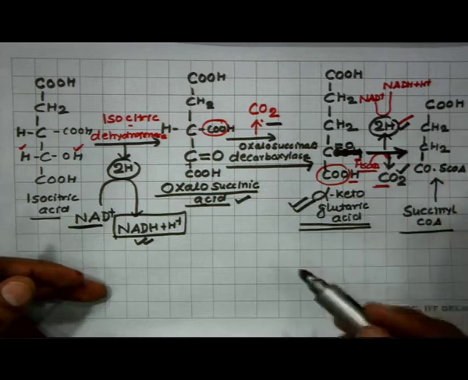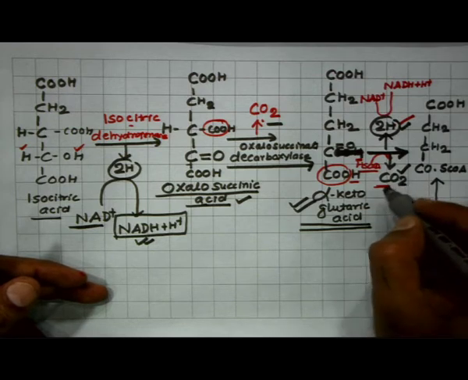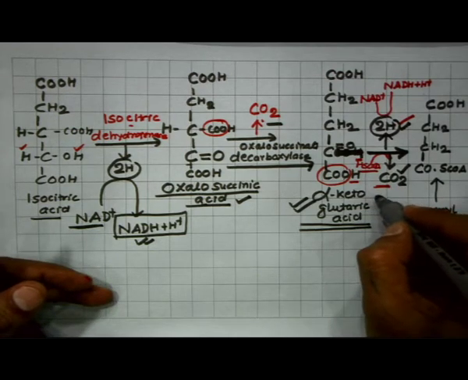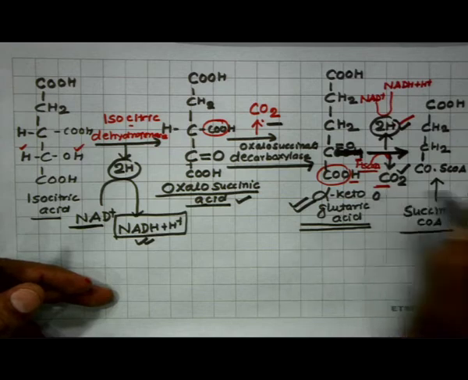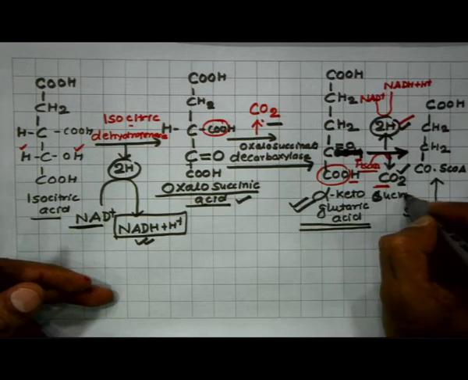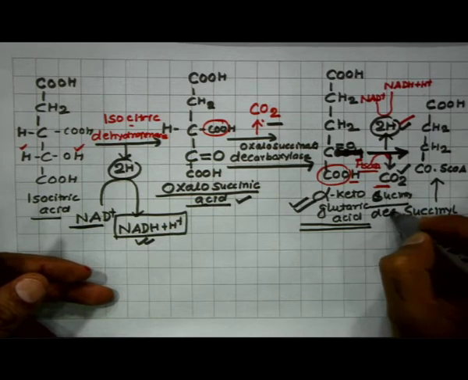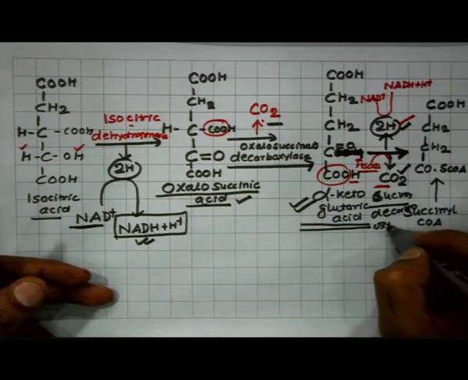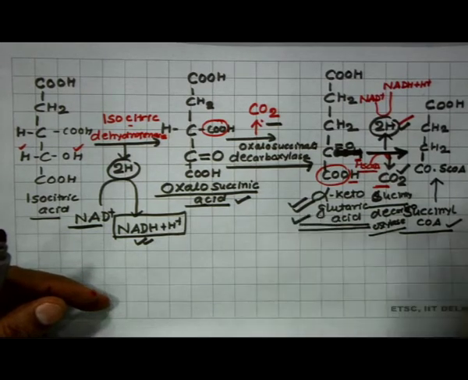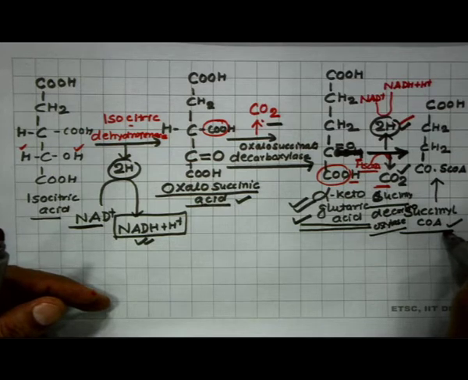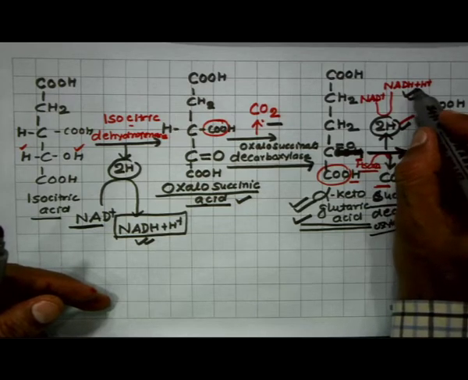The enzyme involved here is succinyl decarboxylase, and the alpha ketoglutaric acid is converted into succinyl coenzyme, and as a product another NADH is formed, NADH plus H plus.